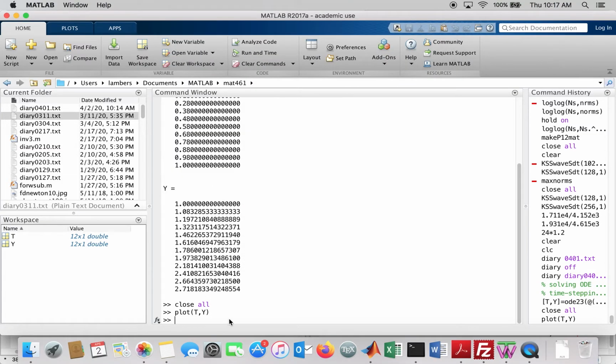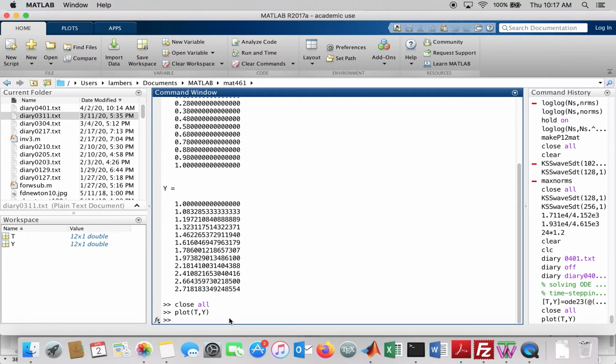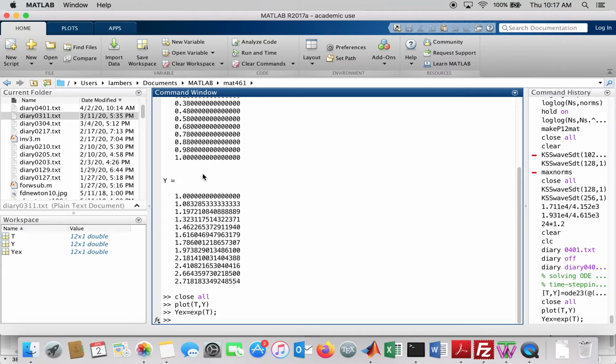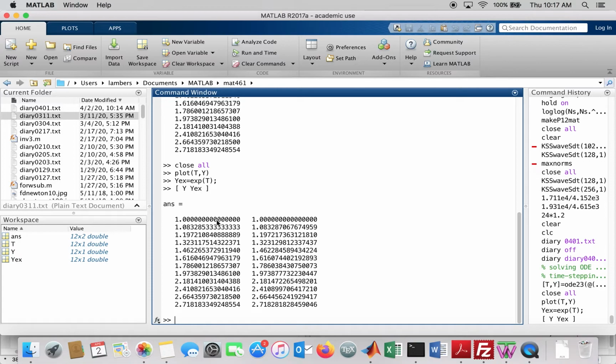Now, to get the error, I want the exact solution. So yex is just the exponential function with these t values plugged in. That way I have the approximate solution and the exact solution that I can examine side by side. We use the same initial value, of course, so those will match. And it's fairly accurate, matching a few digits anyway.